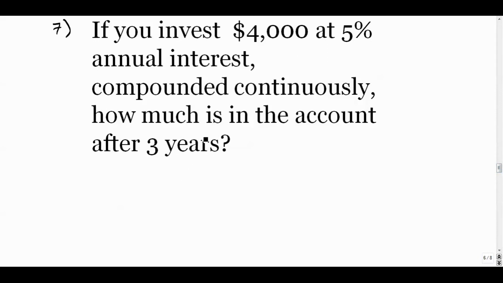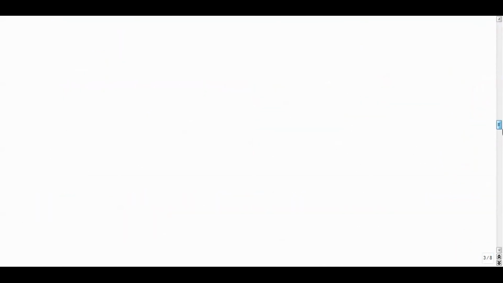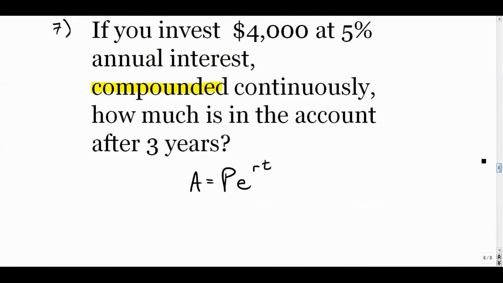All right, so here we go. We have finally our compound interest. Here we have the amount that's in the account, principal times e to the RT. Let me make sure I got that right. Go back up to the top. Yep, P e to the RT. In this case, e is just a constant.